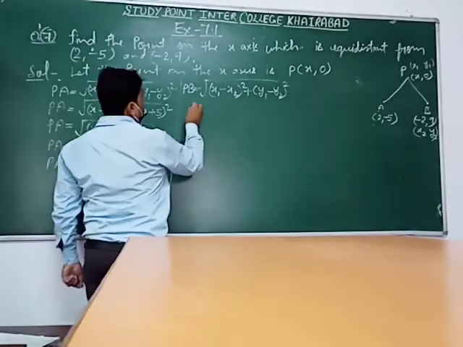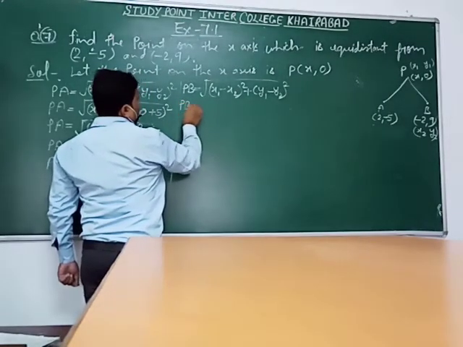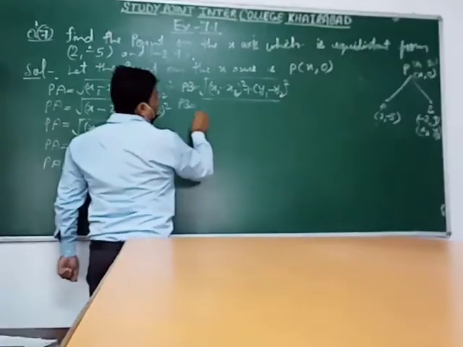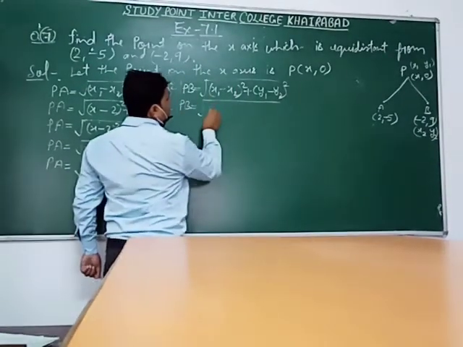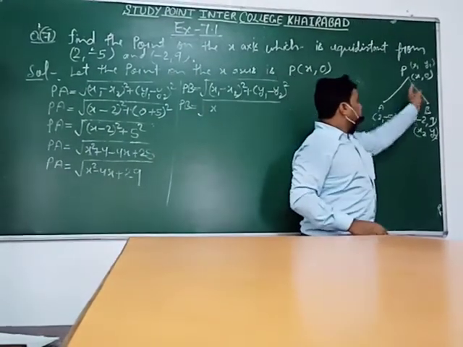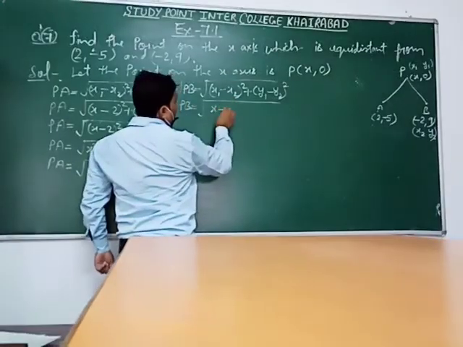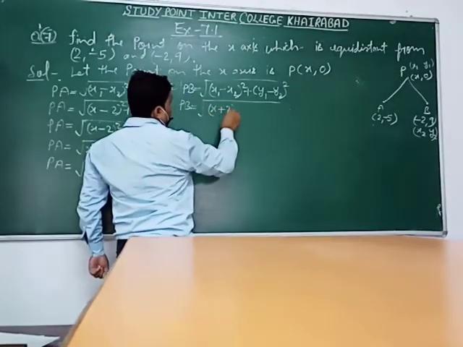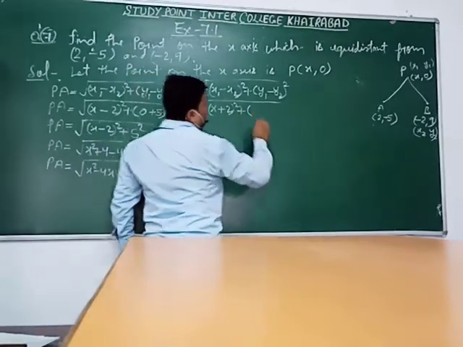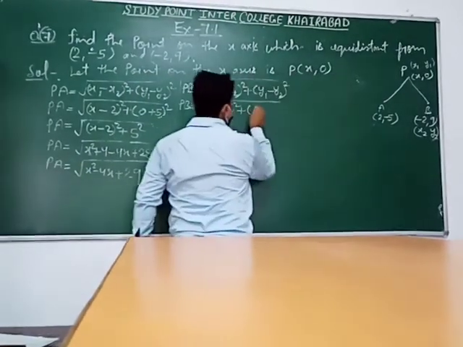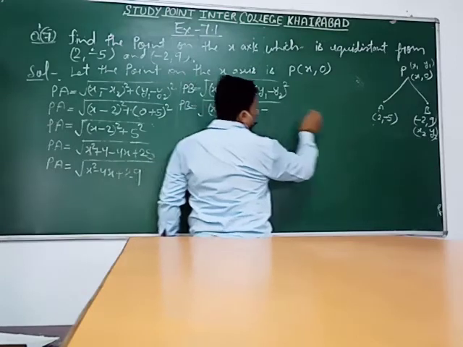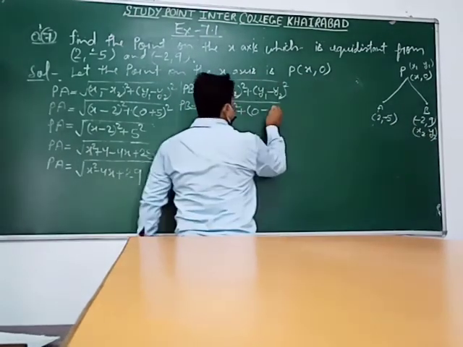Here x1 is x and x2 is minus 2, but here it is minus also, so it will be plus. y1 is 0 minus y2 which is 9.